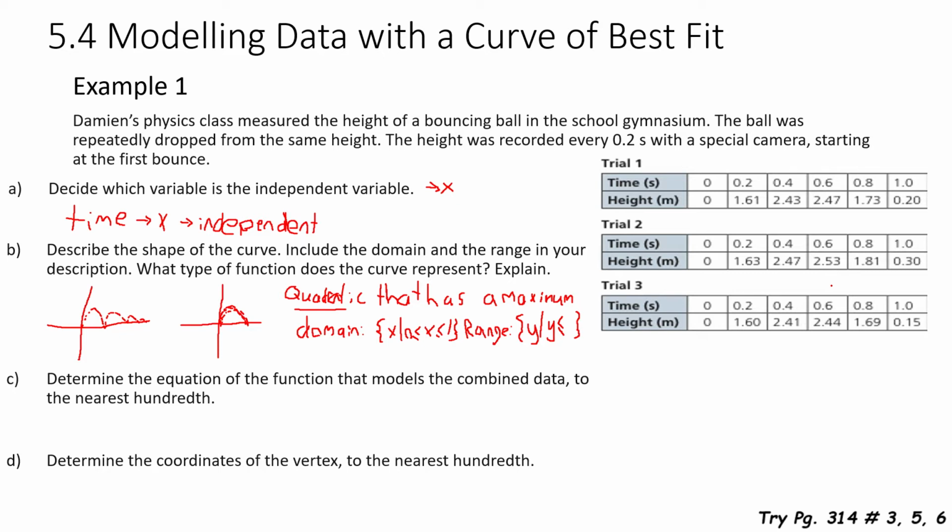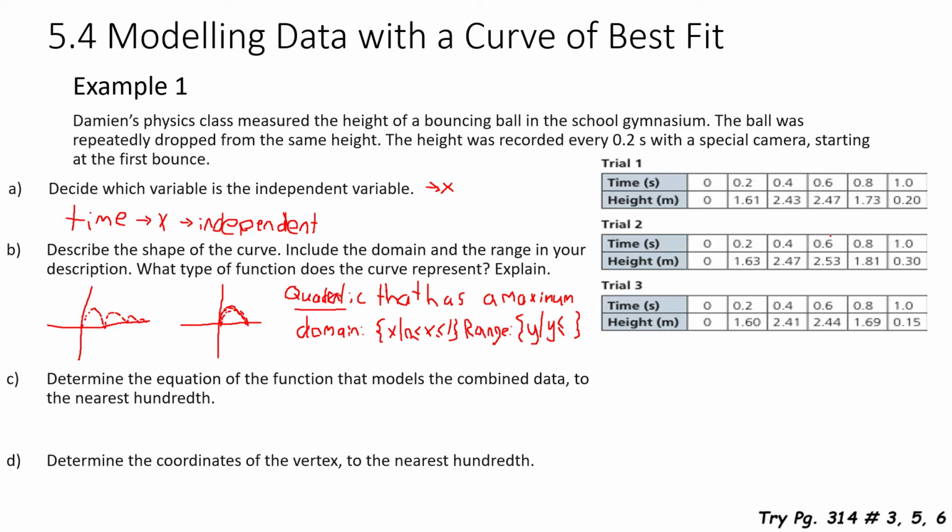In your calculator, go down L1 and notice how we're going to have 3 moments where we have 0 seconds. You can either do this whole column for x's as 0, 0.2, 0.4, 0.6, 0.8, 1, and then 0, 0.2, 0.4 again, because we've got these 18 data points to put in. The way I'm going to put it in my calculator is 0, 0, 0, I have 3 zeros, and then 0.2, 0.2, 0.2, 0.4, 0.4, 0.4 for my x values, all the way down to 1, 1, 1.